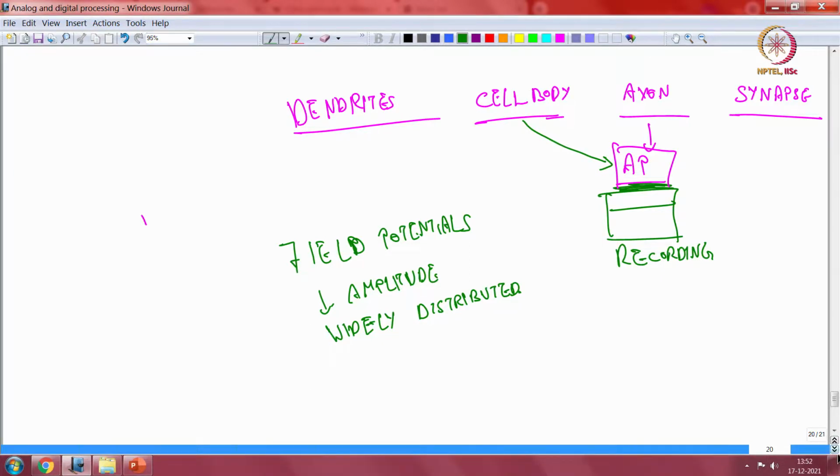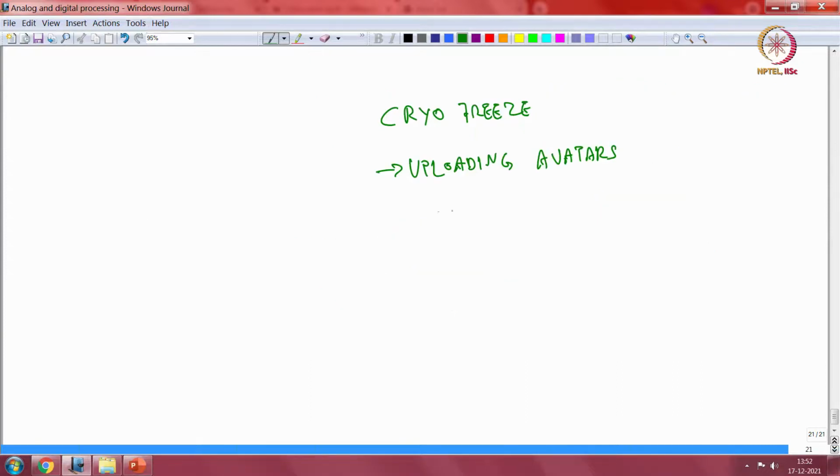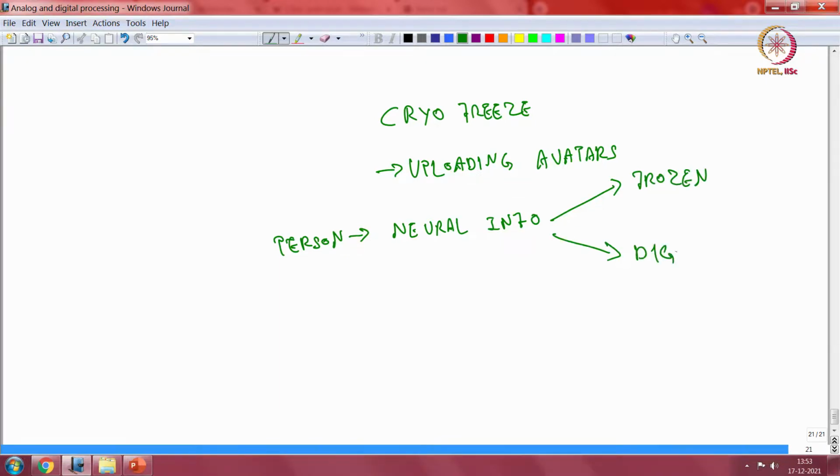So, the principle of all of this is there is a person whose neural information is either frozen in the first instance or is digitized, as in siliconized. I think digitized is a very wrong term given the discussion we have had so far.